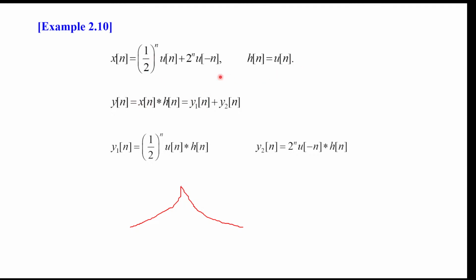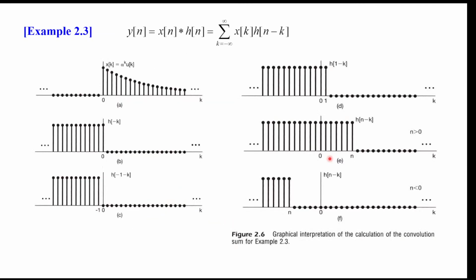Here we only use linearity. You get some y1 of n plus y2 of n, because x of n is the first part plus the second part. Then y1 of n will be the exponentially decaying function convolved with h of n, and y2 will be the exponentially growing function convolved with h of n. We already did the calculation for both of those examples.